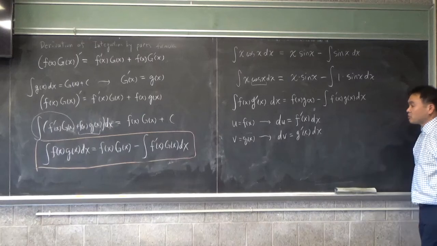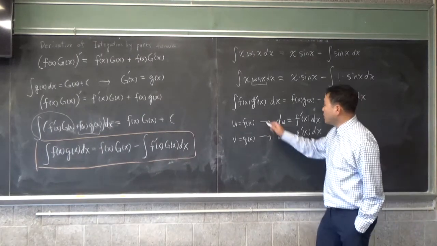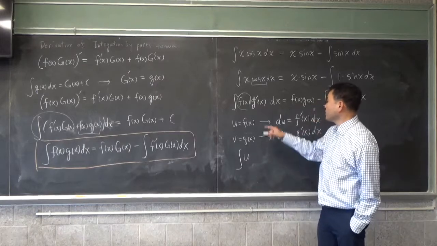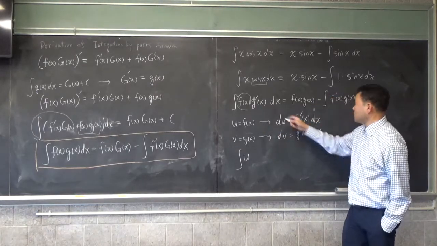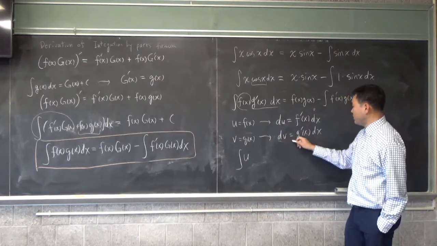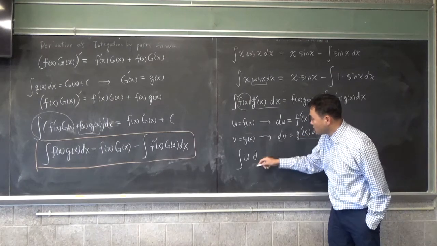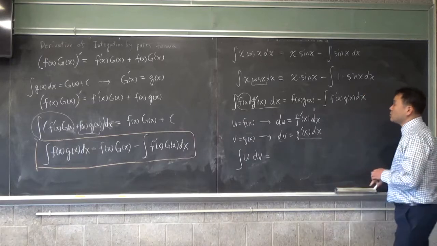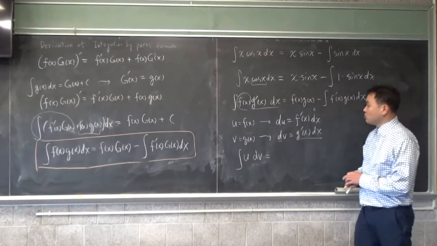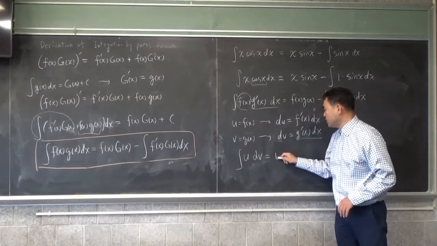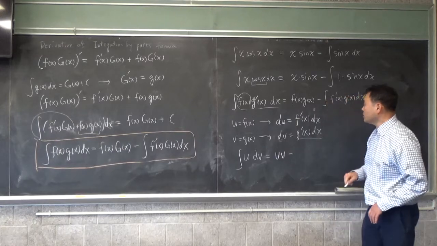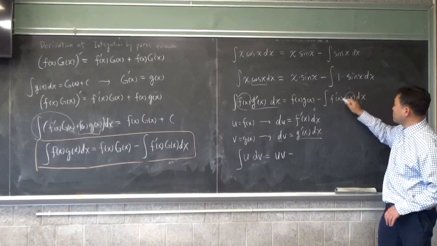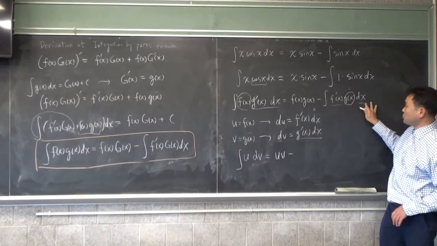Now if you adopt this notation, then f of x is u, so the left side is u, and g prime times dx is dv, right? So the left side looks like integral of u dv equals f x g x, so it's the multiple of uv, minus, this time g x is v, but this times this gives you du.